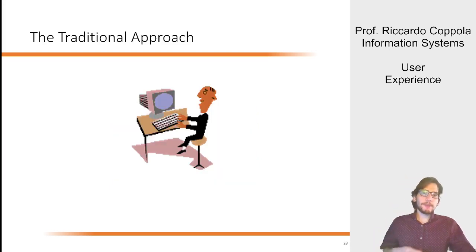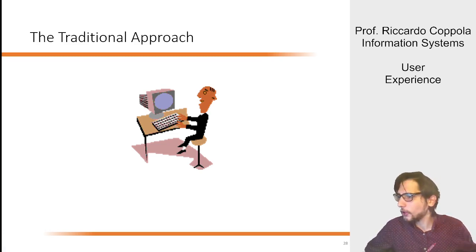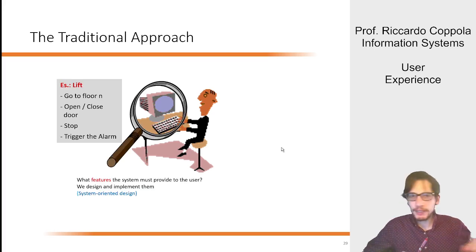And to make an example, we can think about a way of developing an interface. So we have a running example about traditional and user experience centered way of developing an interface. In the traditional way, we focus on the point of view of the features that we need.